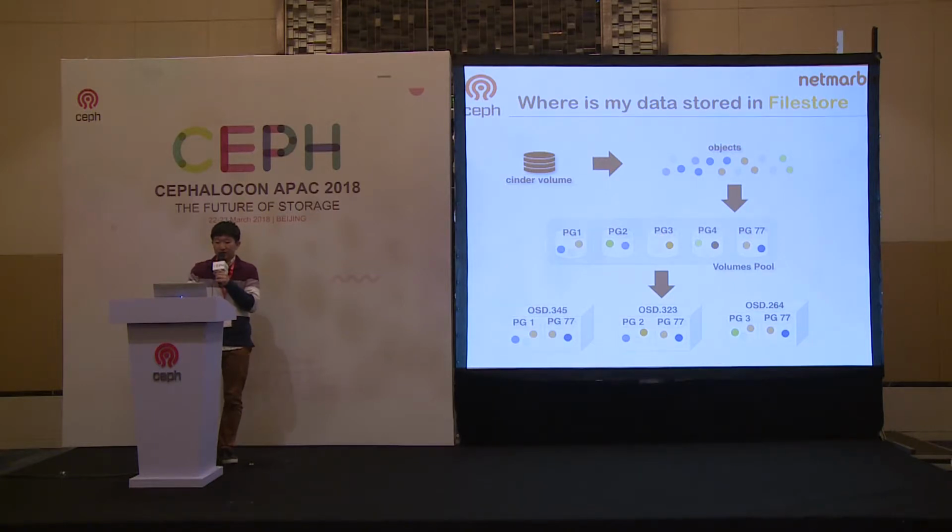The object's contents within a placement group are stored in a set of OSDs. Basically, the default value of replica is 3, so each placement group will store objects on 3 OSDs.